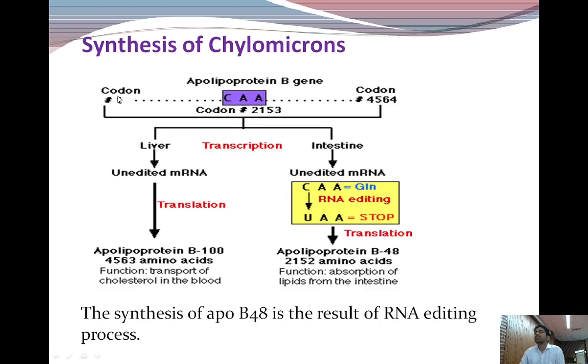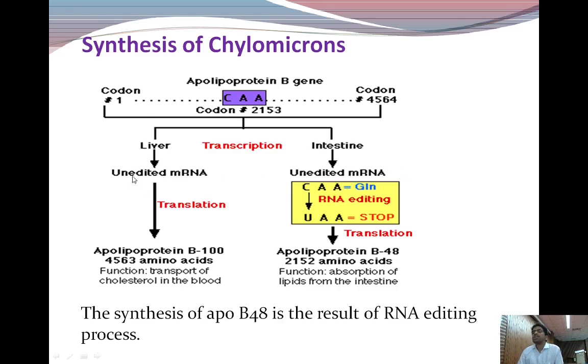See here, just understand one by one. There is a gene present for ApoB, in the intestine and also in the liver. In both, transcription will happen, so mRNA will form in the liver and in the intestine.